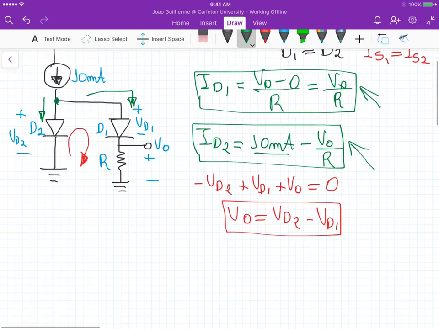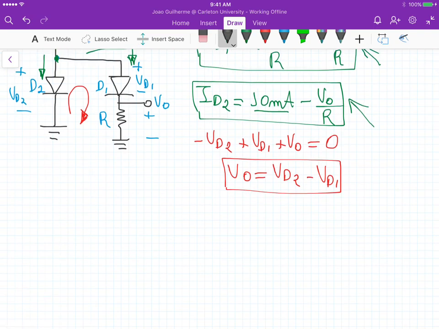Now we also know that for a diode, ID is equal to the saturation current times the exponential of VD, the voltage across the diode, divided by the thermal voltage. And for the specific case of these two diodes, this IS is the same because the problem says that diode 1 equals diode 2, so they have the same characteristics and the same manufacturing, and present the same saturation current.